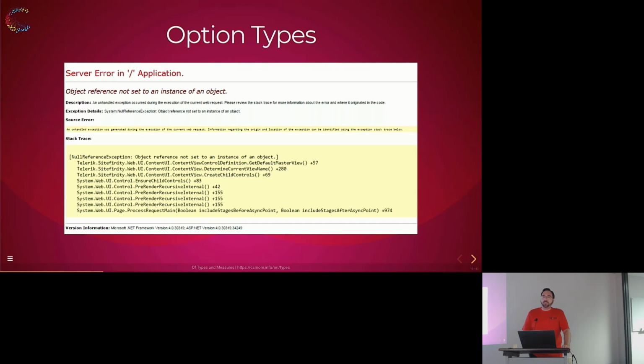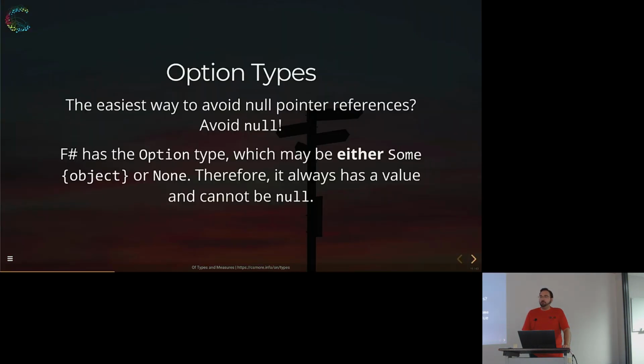The obvious answer is we get rid of null. Just eliminate null altogether, and then you don't have null pointer exceptions. And I say that as a joke, like 10% joke. It's 90% serious. The way we get rid of null is through the option type. So F# has this concept of an option type where it may be either some value or none.